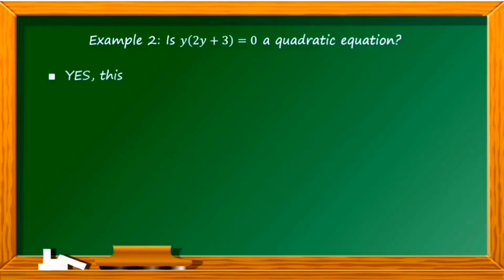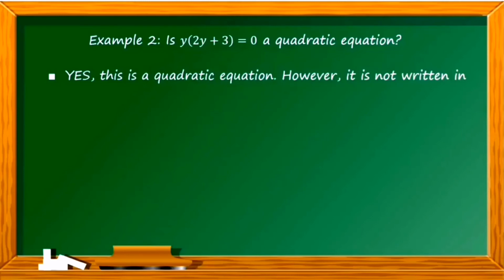Example number 2. Is y times the quantity 2y plus 3 equals 0 a quadratic equation? What's your answer? If your answer is yes, you're correct. This is a quadratic equation. However, it is not written in standard form. If you encounter this kind of equation, all you have to do is to transform it to standard form.